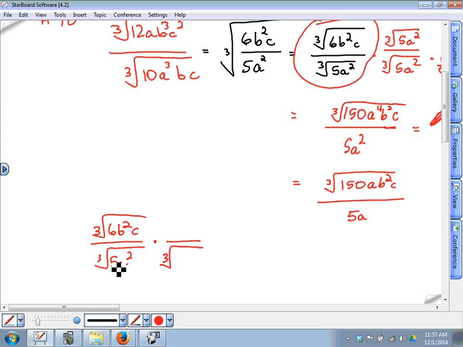Really, what does 5 need to become? 5 needs to become 125, because 125 is a perfect cube. So what does it need to be multiplied by? A squared is too small, because 2 is not divisible by 3. So it just needs another a.